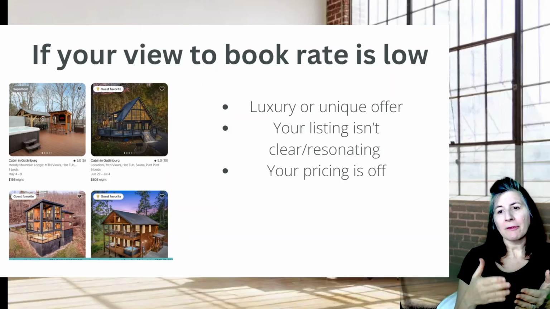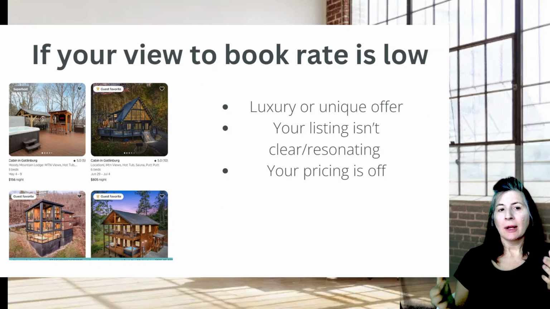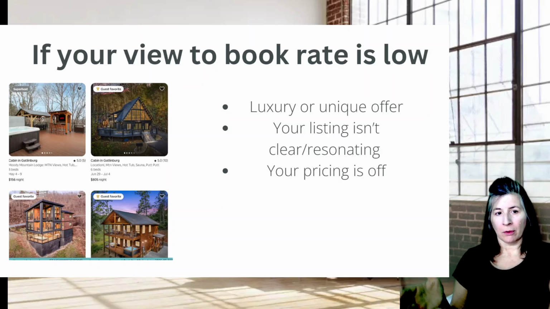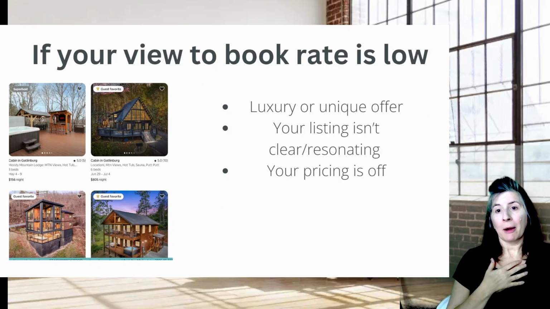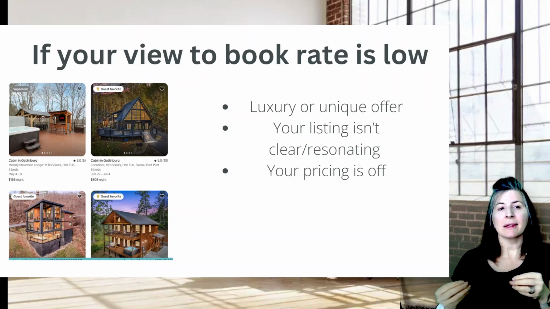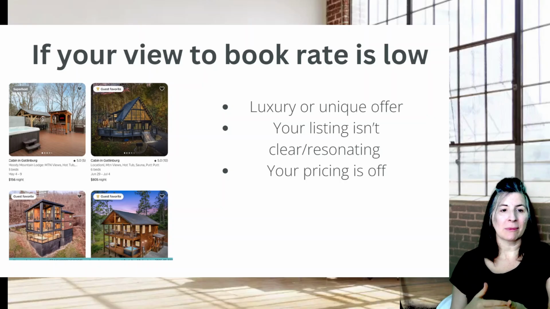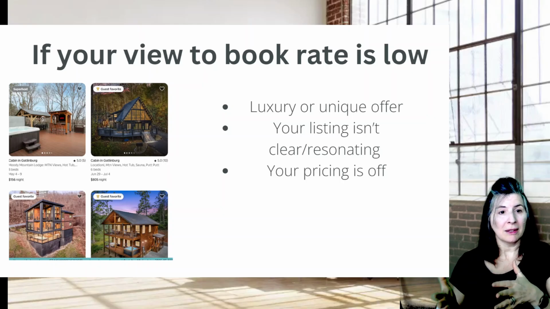And so you're just going to have to track it over time and kind of gauge based on your particular property what is normal for you, because you're out of the range of normal. So I have 2 properties that are luxury or unique offers, and I get tons and tons of clicks, but I don't get as many bookings because a lot of people are not spending $1,500 or $1,800 a night to stay in a property, right? But they're curious about the property because it looks interesting and unique.